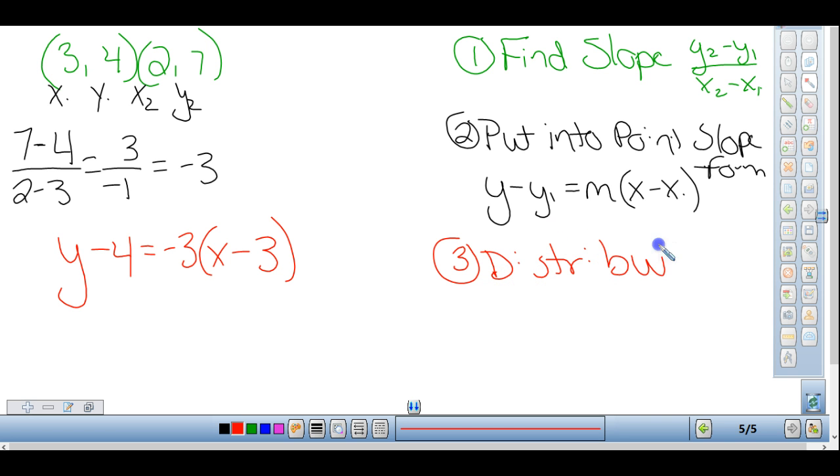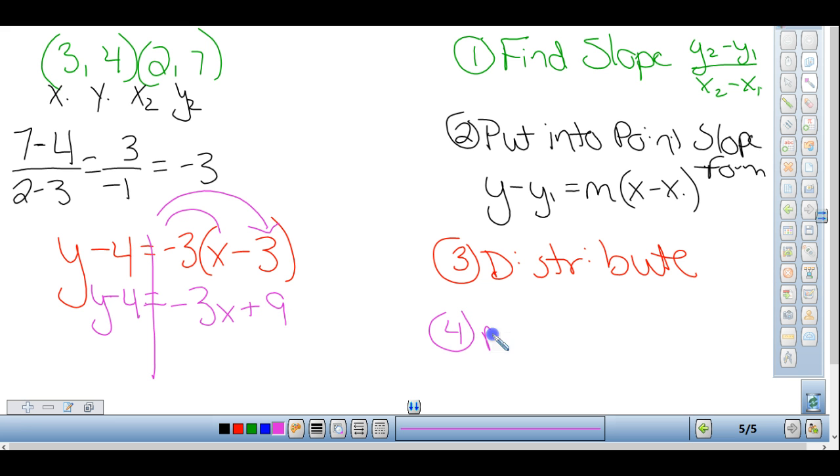Step number 3 is just like what we were doing. We need to distribute. So y minus 4 equals negative 3x. Be careful here, negative times minus, so plus 9. And then our last step is always going to be to move the number that's with y.